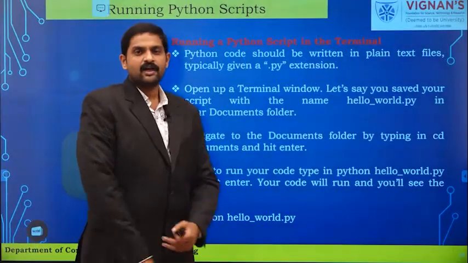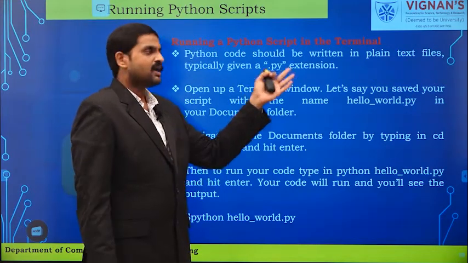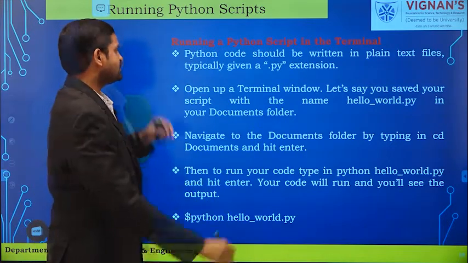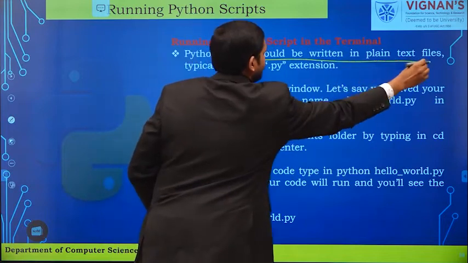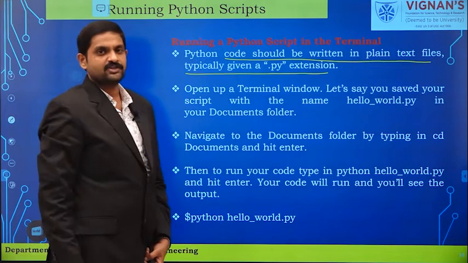Okay, this is the explanation I have shown on the board, which you can see in the lines. First, code should be written in plain text files given with the .py extension.